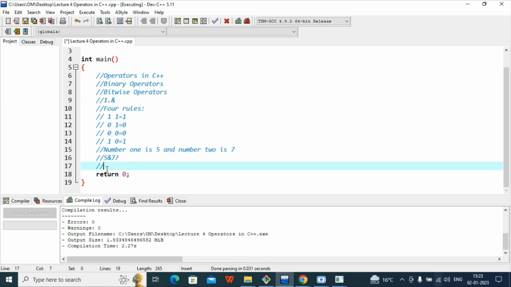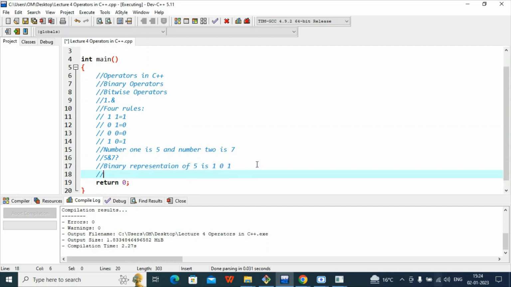I will not waste time telling you the binary representation of 5. I'll directly write it. I already explained how to convert binary to decimal and decimal to binary. The binary representation of 5 is 101.